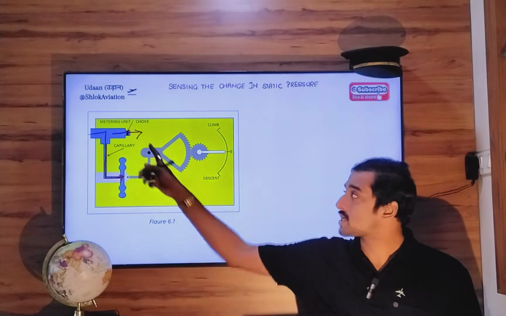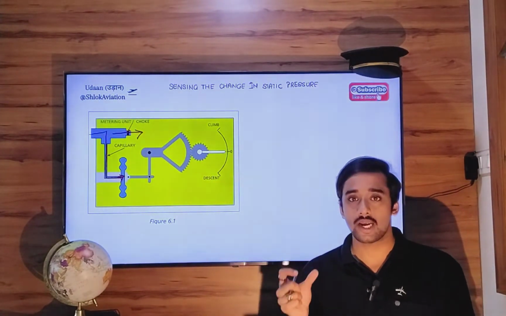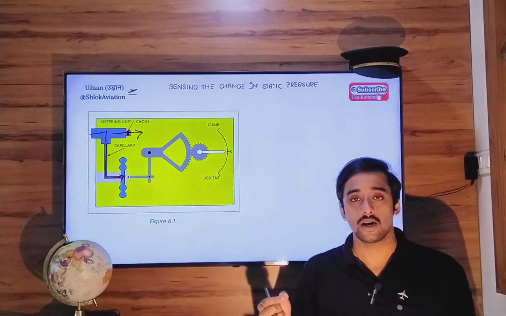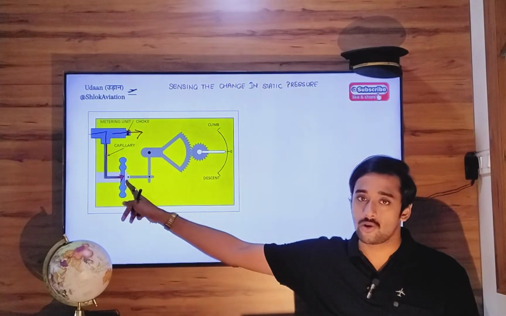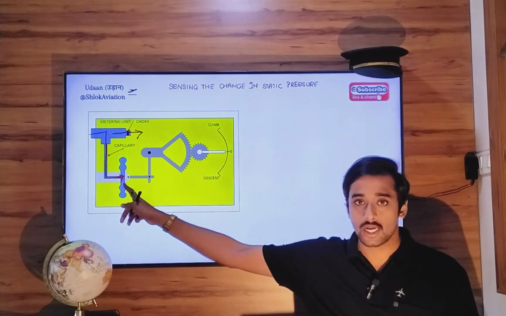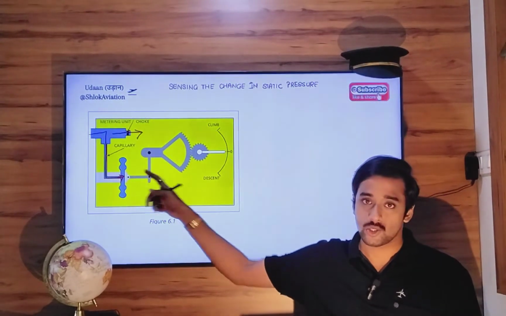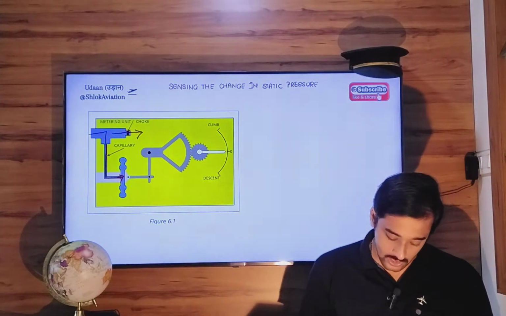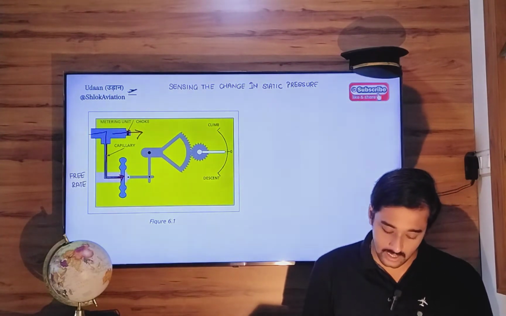That means this static pressure will enter the back of the instrument case at a reduced rate, a deliberately reduced rate. But it will enter this aneroid capsule at free flow rate. It is not restricted or controlled. Directly it will enter the aneroid capsule. So this static pressure enters the aneroid capsule at free rate, and it enters the instrument at a restricted rate.